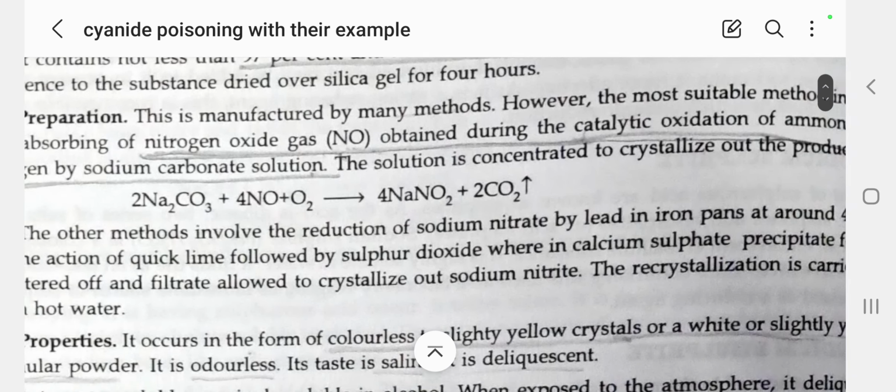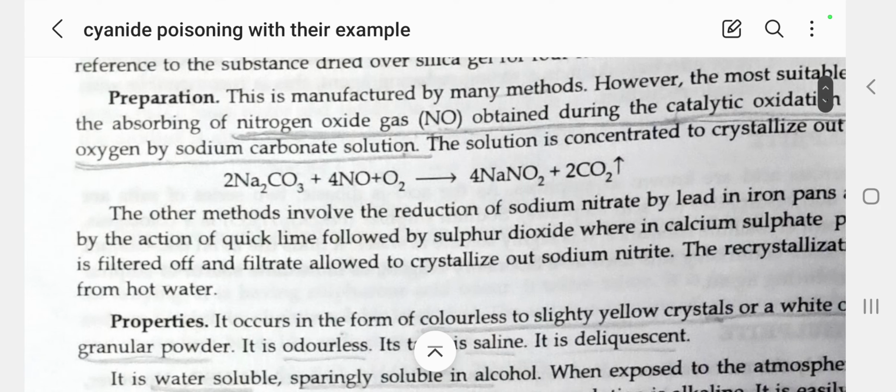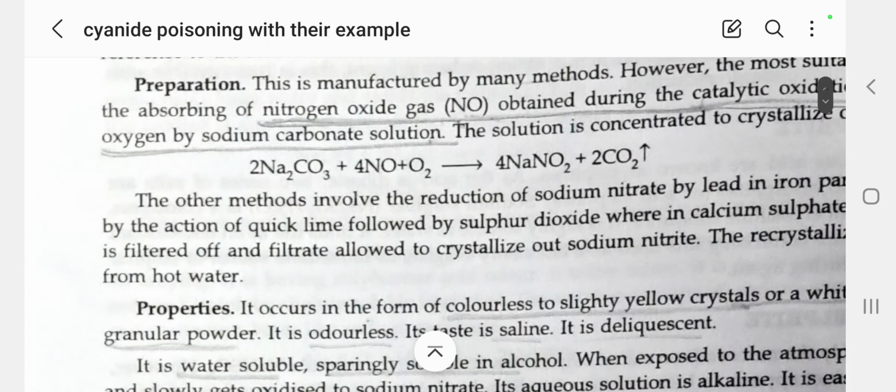So sodium carbonate is treated with nitrogen oxide gas from the catalytic oxidation of ammonia and oxygen. Here there is a conversion to sodium nitrite and removal of carbon dioxide.